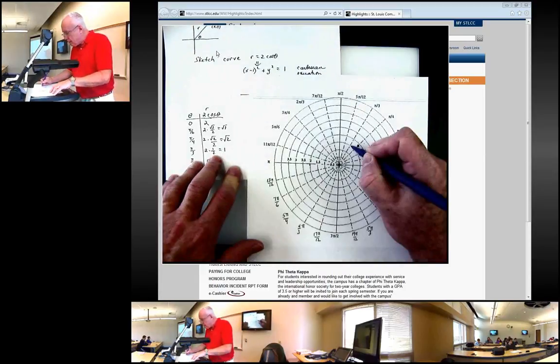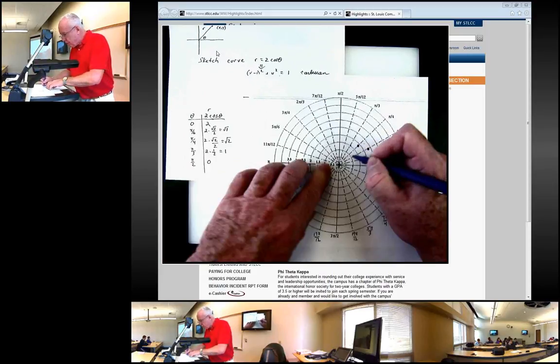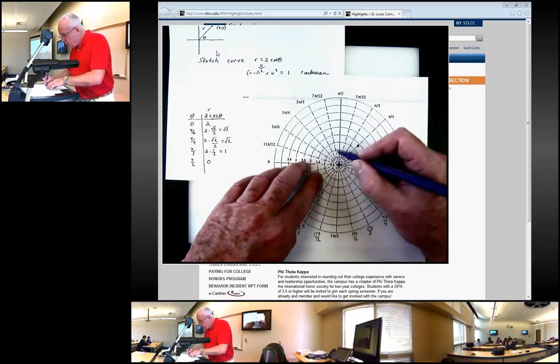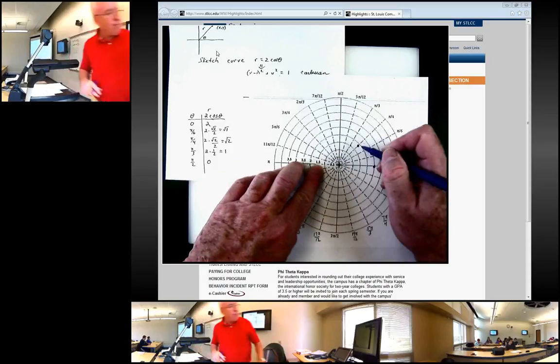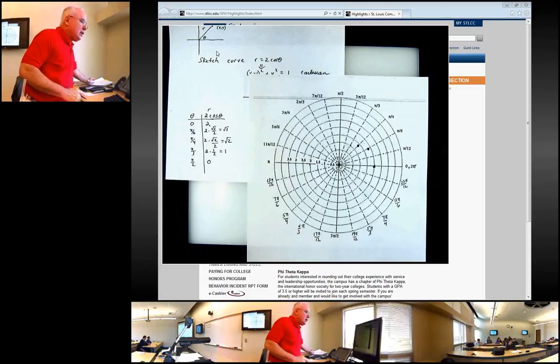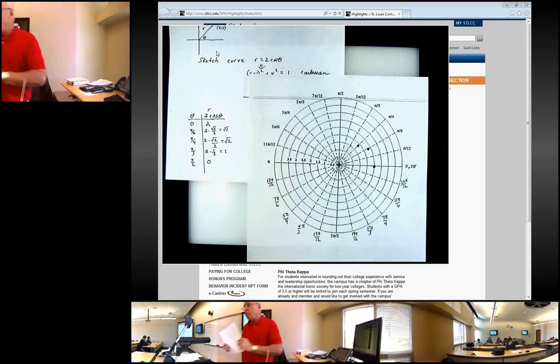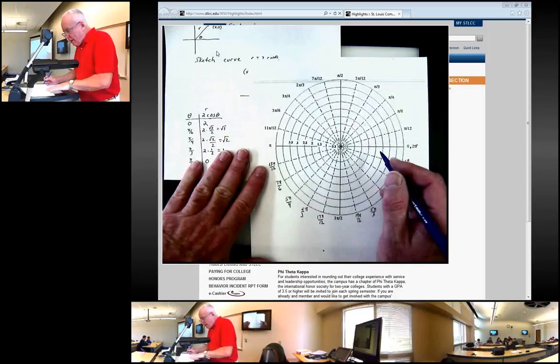So here's pi over 3, and wait a minute, where's 1 at? I think I've already messed up here on my graph. So why don't I start some points over again? All right. Okay.